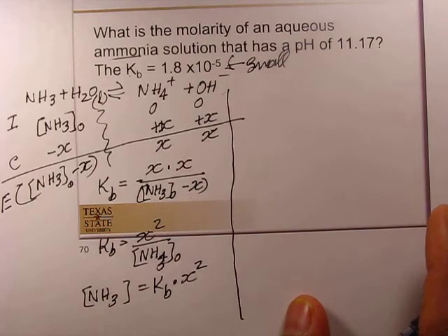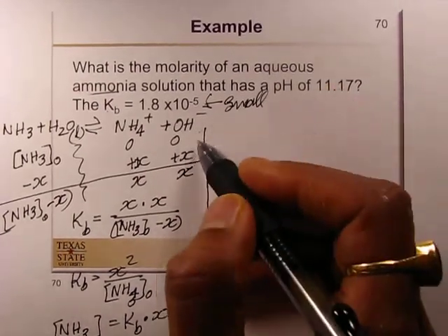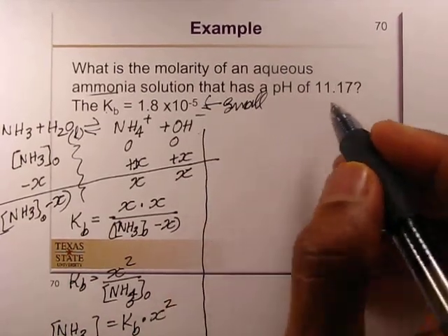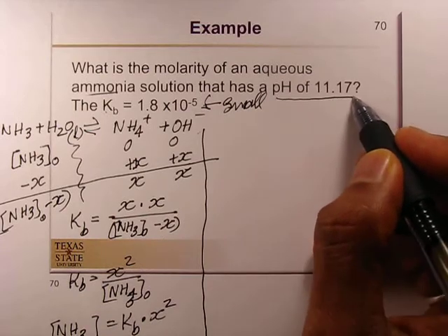To calculate x, if we know the hydroxide ion concentration, we can calculate x, and the hydroxide ion concentration we can get from the pH.